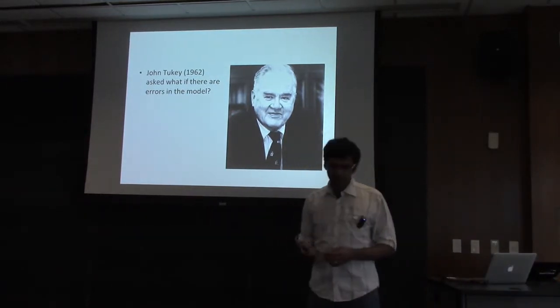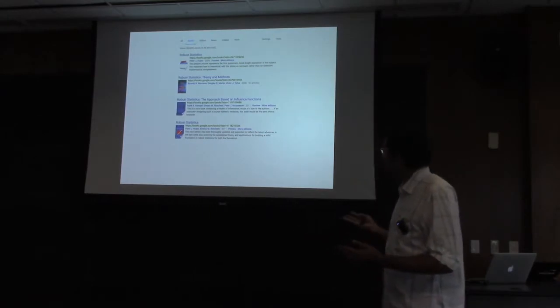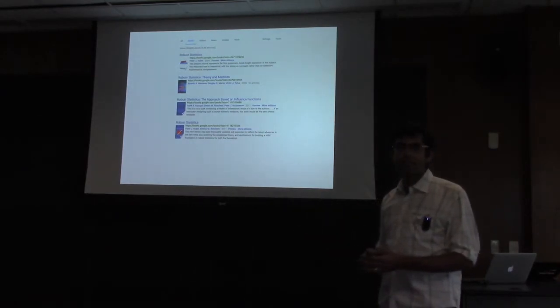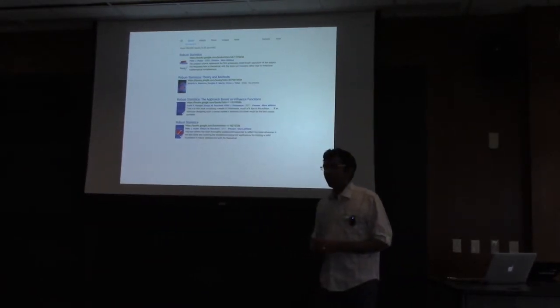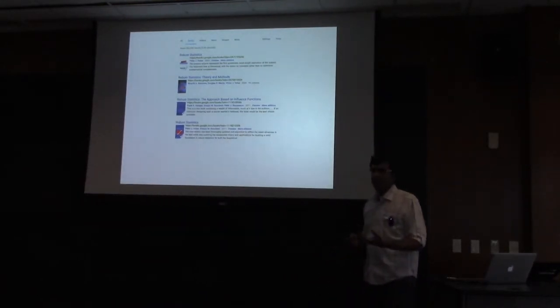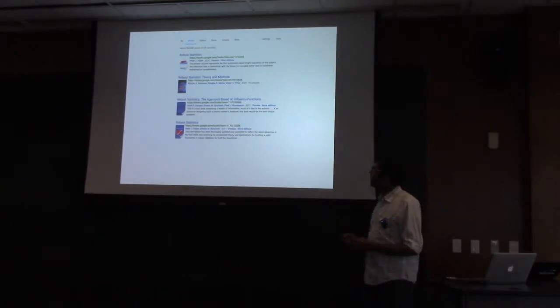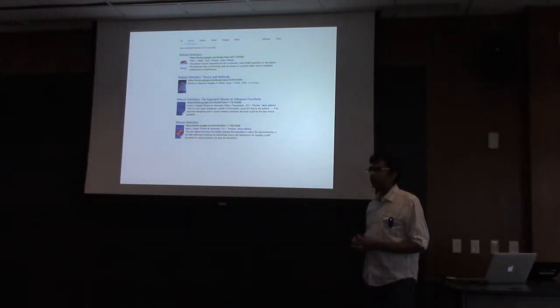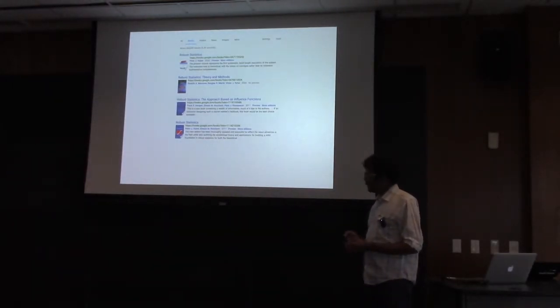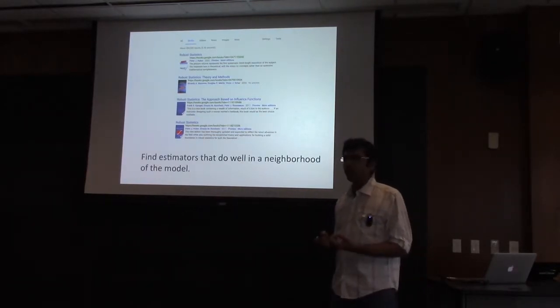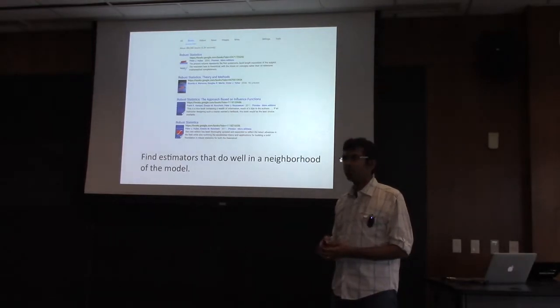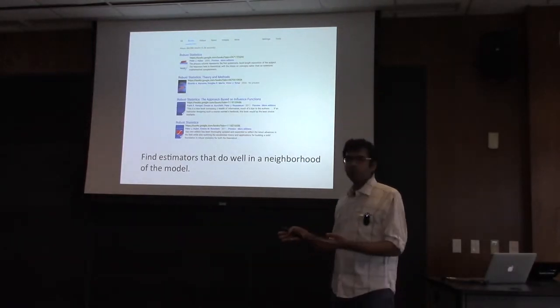And it has since become an entire field in statistics called robust statistics. There's a lot of work in this, and the central question can be summarized as how do different estimators do in a neighborhood of the model?